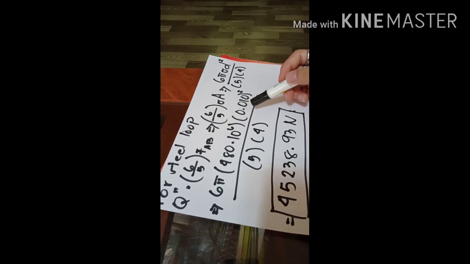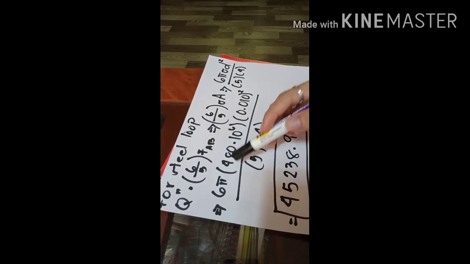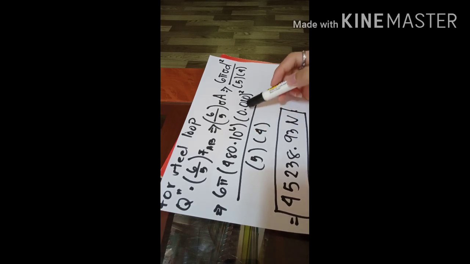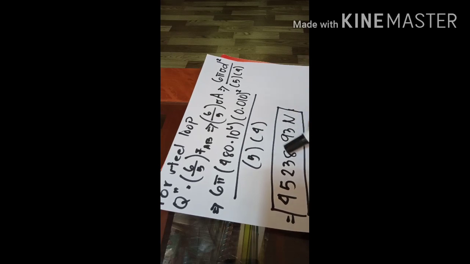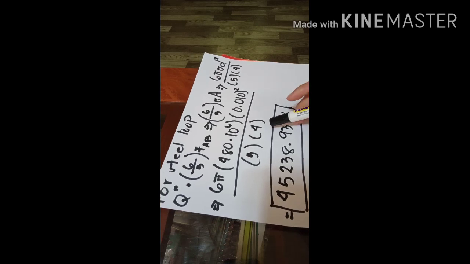Now we are going to substitute. 6 pi times the quantity of 480 times 10 to the power of 6 times the quantity of 0.010 squared over 5 times 4. The answer is 45,238.93 newtons.